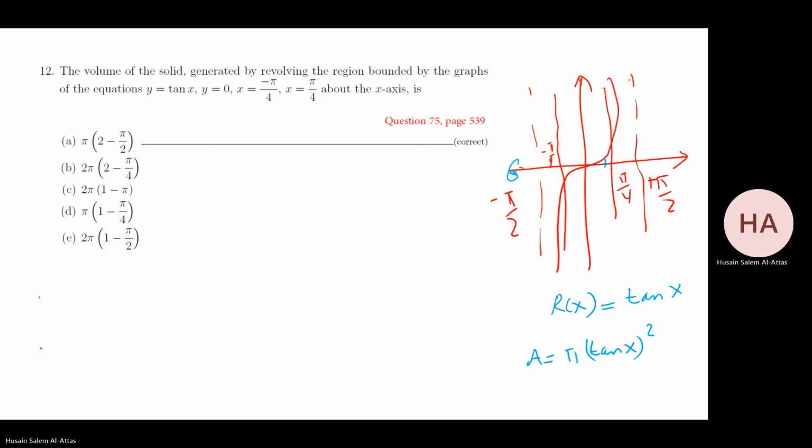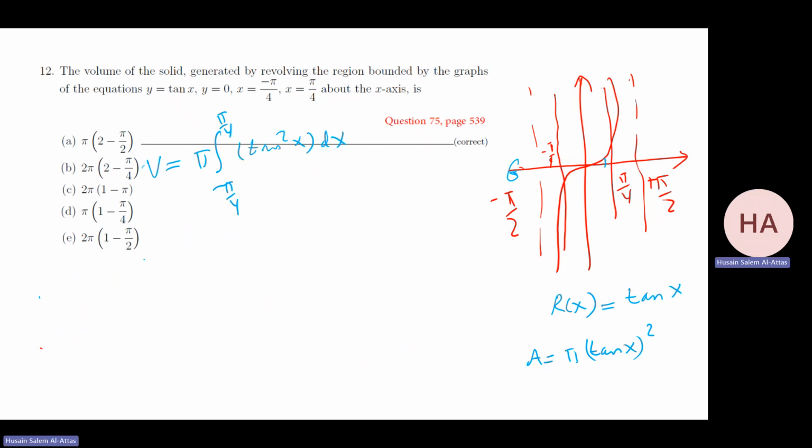It will be from minus pi over 4 to pi over 4. So the volume will be pi, from minus pi over 4 to pi over 4 of tan square x dx.